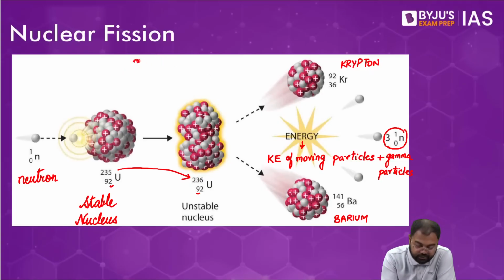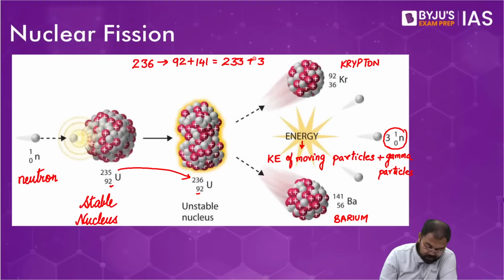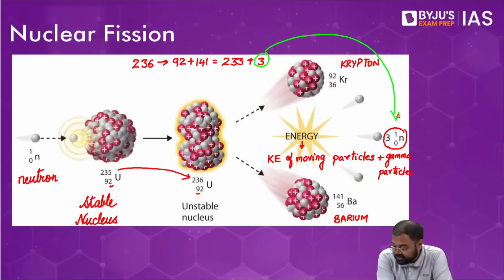You have 236 on this side, and this 236 is dividing into 92 and 141. How much is 92 plus 141? It is 233. So that's why you are left with three more neutrons, and these are the three neutrons that we have right here.